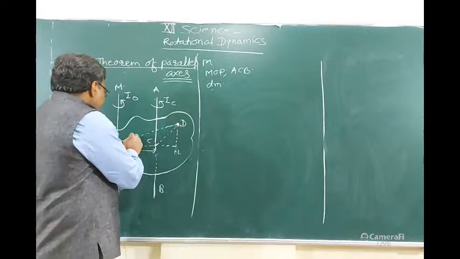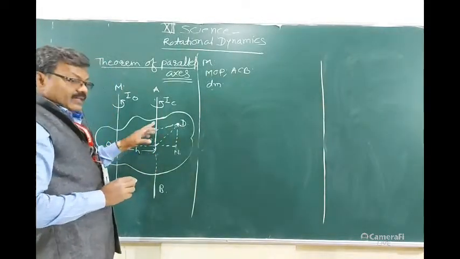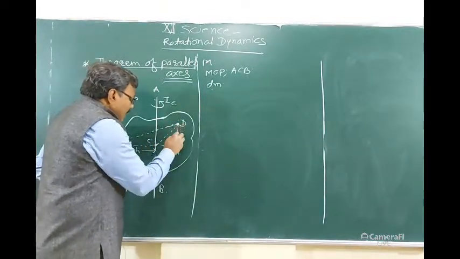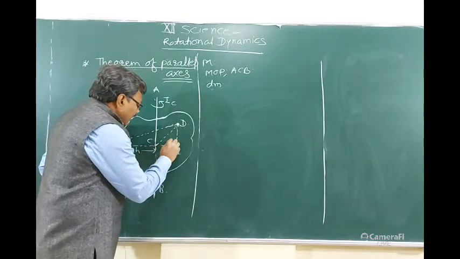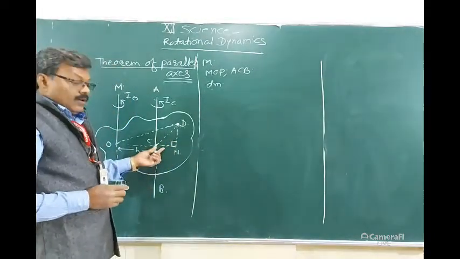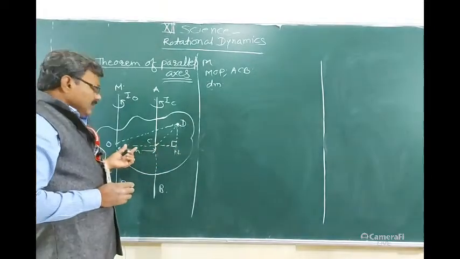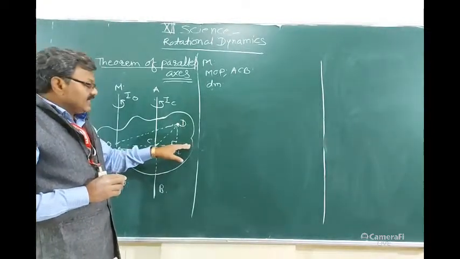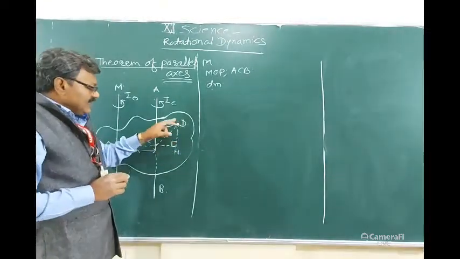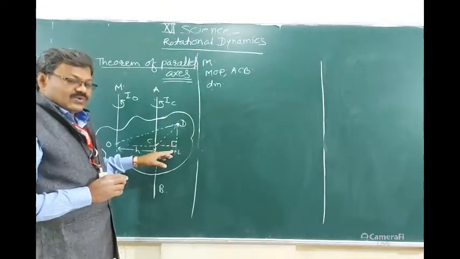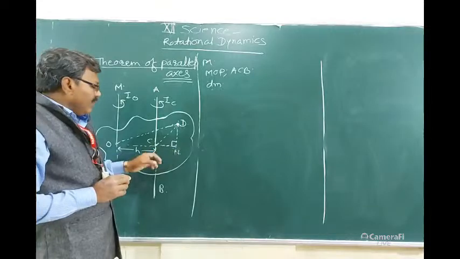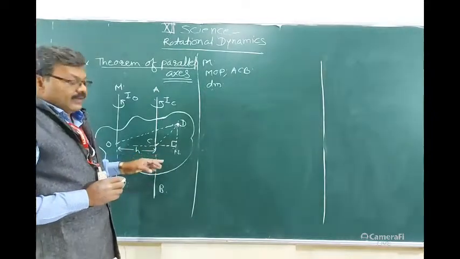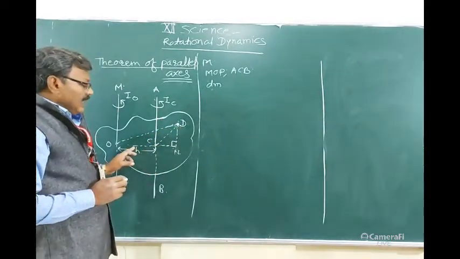These are drawn by dotted lines. Now, OC is produced, that is, we extend OC in this direction, and DN is drawn perpendicular to OC produced. Then we get ODN as a right angle triangle.